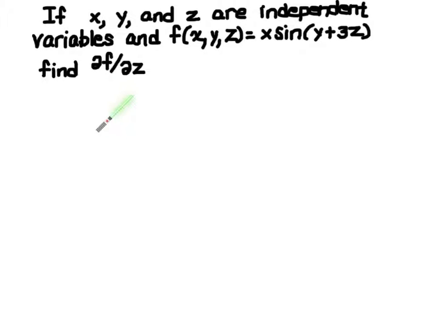In this next example, we're looking at x, y, and z, which are independent variables, and a function of x, y, and z, which is equal to x times the sine of the binomial y plus 3z. Here, we're going to find the partial derivative of f with respect to z. So to do this, we're going to find the partial derivative with respect to z of f, and f is x times the sine of y plus 3z.